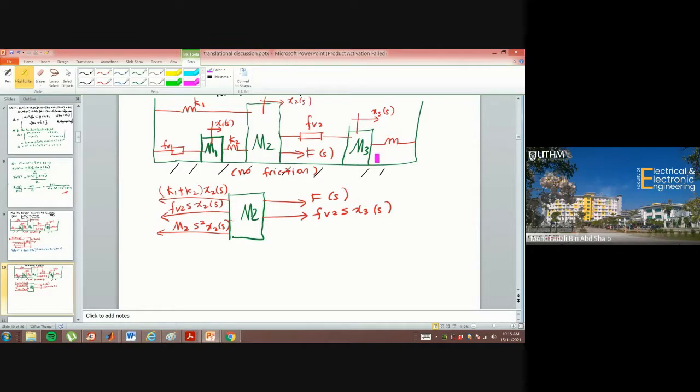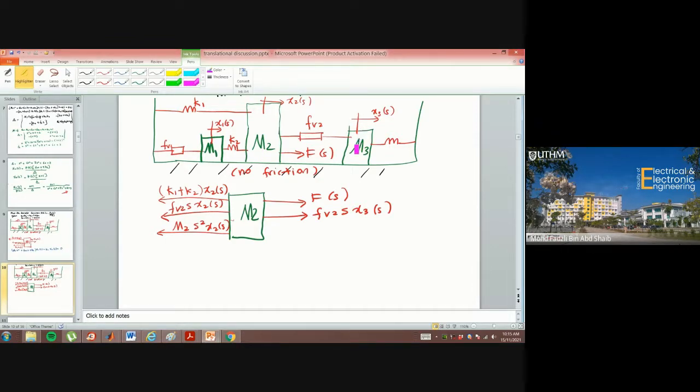Lagi, apa forces yang ada lagi? What are the other forces that we have? For M2, we have two other forces: force of M2 due to the motion of M1, and force of M2 due to the motion of M3.